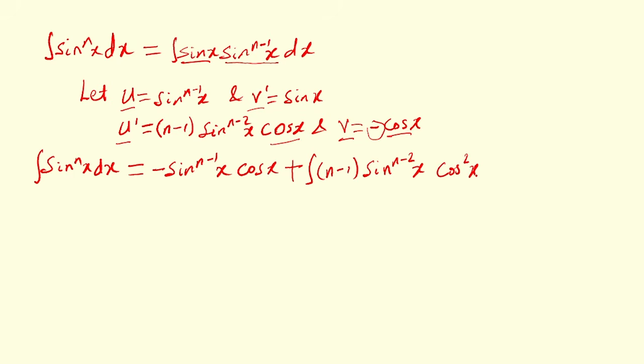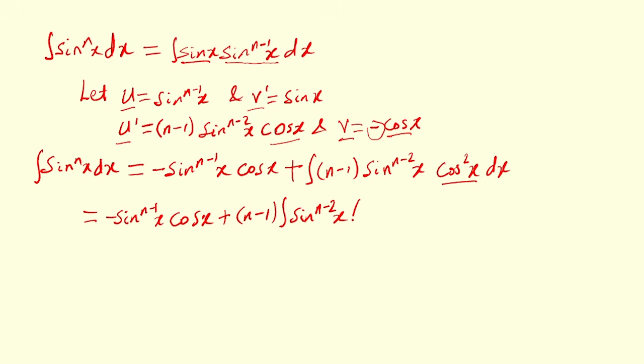cos square x dx. Then here we know that cos square x means 1 minus sine square x. Therefore, this can be written as minus sine raised to n minus 1 x cos x plus n minus 1 times the integral of sine raised to n minus 2 x times 1 minus sine square x, that's cos square x dx.